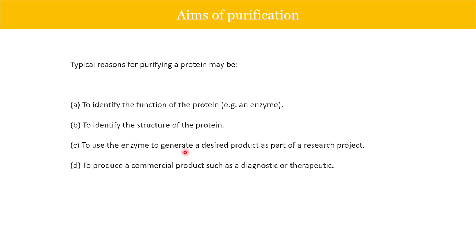Another reason is to use the enzyme to generate a desired product for a research project. Now we are finding out the interaction of different proteins, or we are doing some drug trials, or we would be using this protein in some therapeutics or diagnostics.